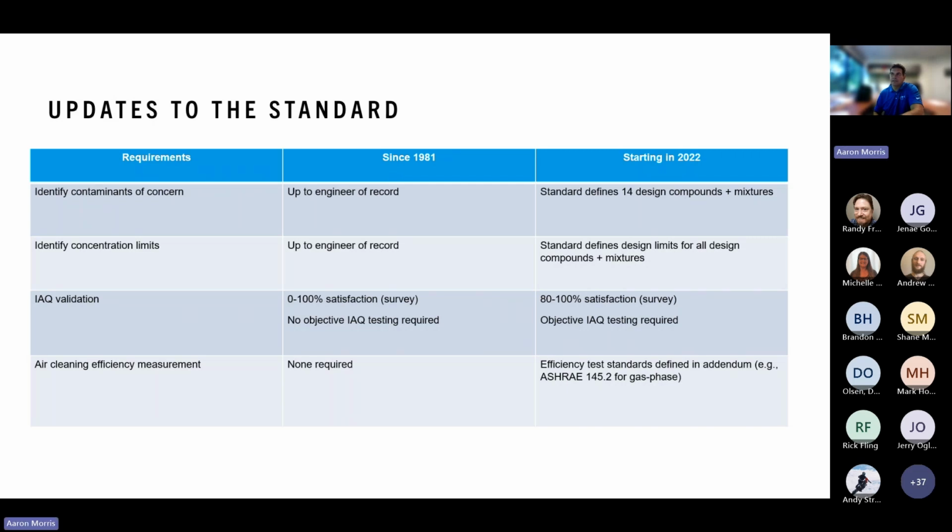And then provided objective IAQ testing and efficiency test standards, which are defined in ASHRAE 145.2, that allow manufacturers to test their products and quantify the efficiency of their products against various contaminants. So now there's a lot more information that we can use to use the IAQP method and determine our ventilation required.